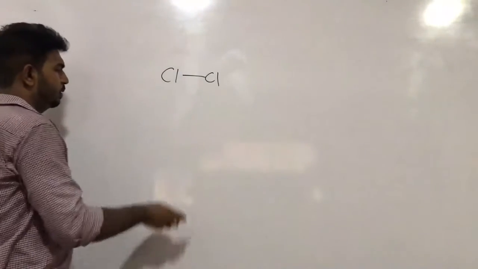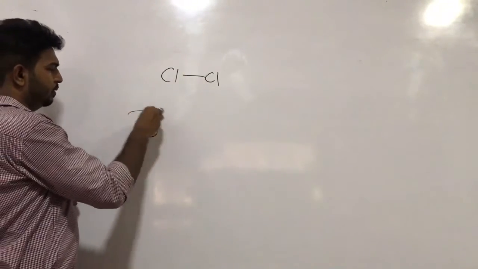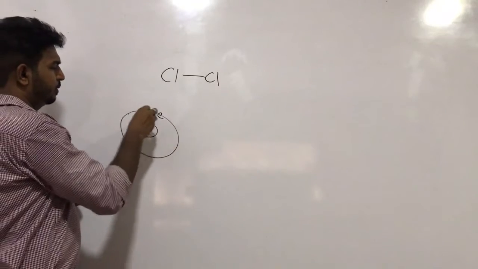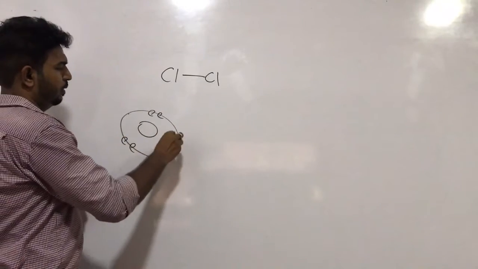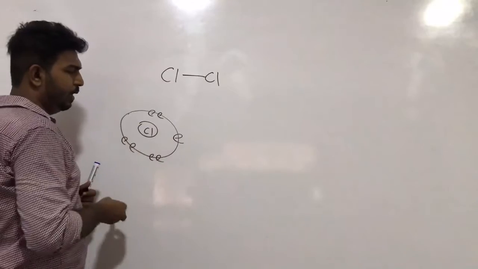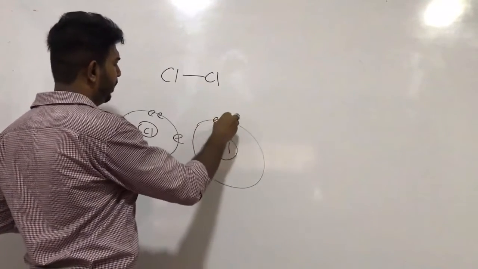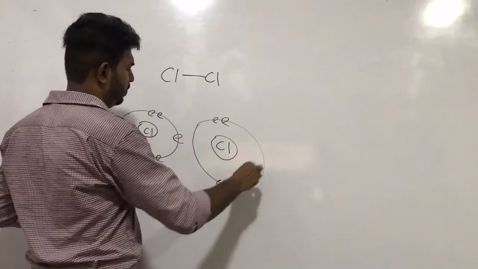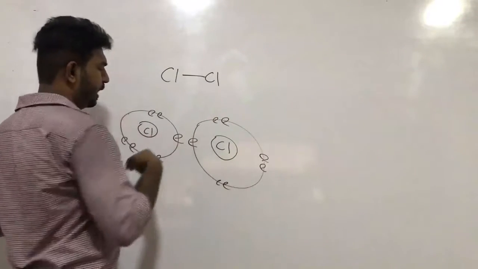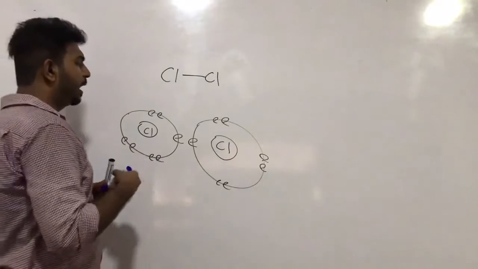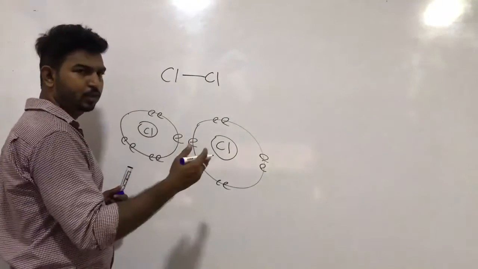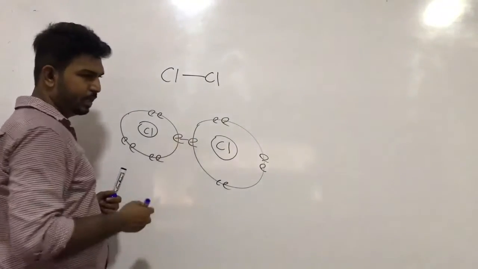We know that chlorine has 7 electrons in the last electron shell, the outermost shell. So these unpaired electrons with different spin will be attracted.